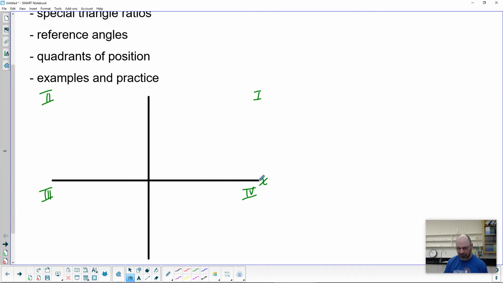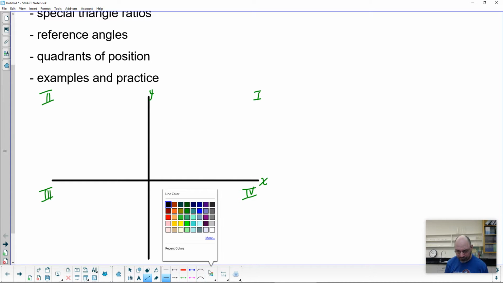If this is x here, and this is y, and if I draw a ray here for the initial arm, let's do it in blue.